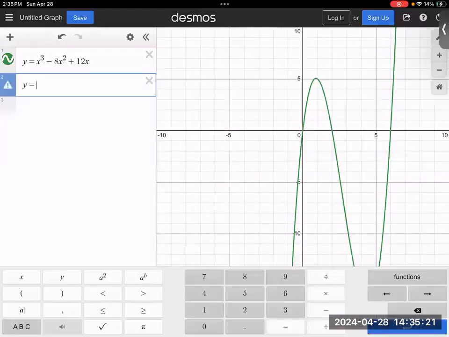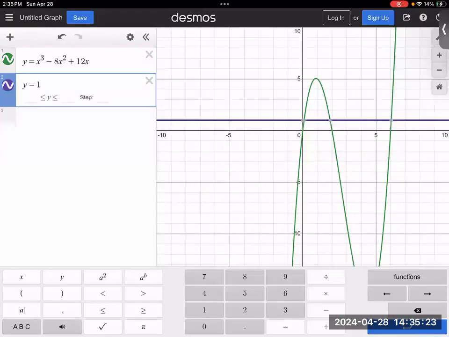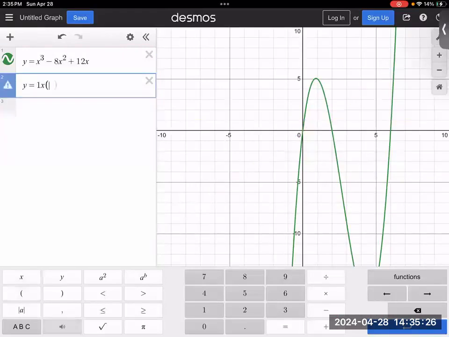So y equals 1x times, we said, x minus 2 and x minus 6. And notice it went from a green graph onto a, I think, purple. So this is the exact same graph, just written in a different form.